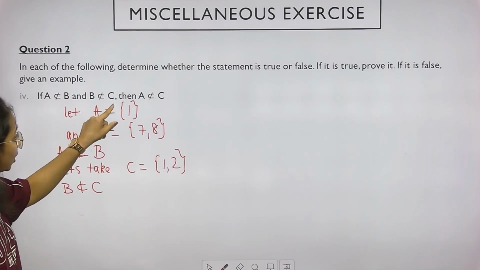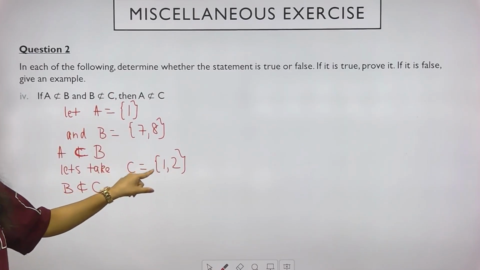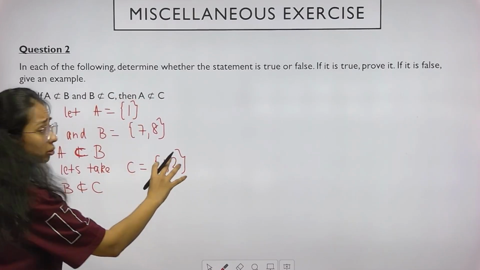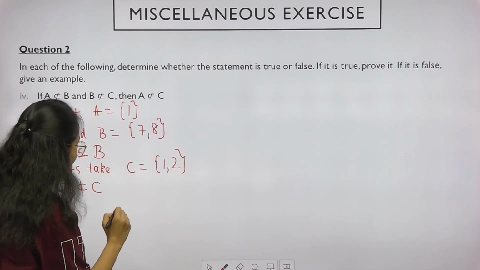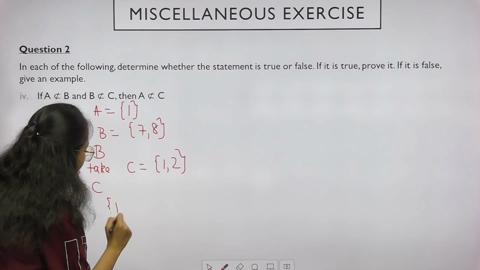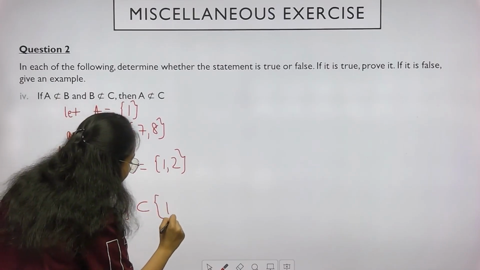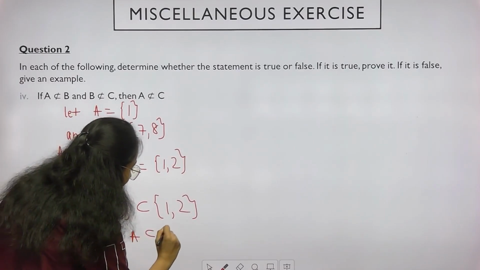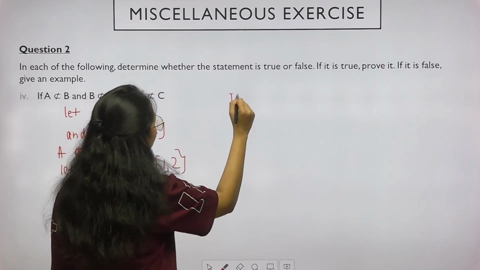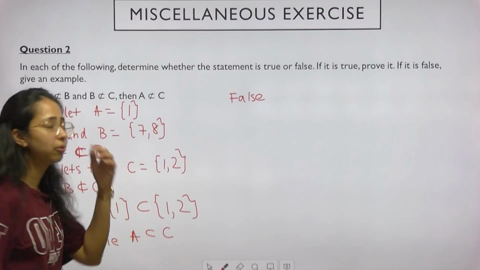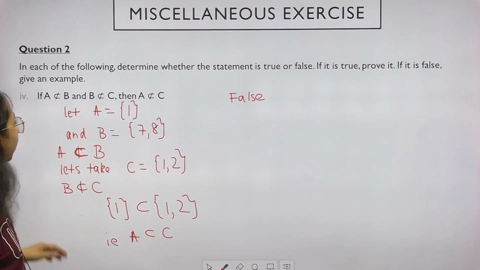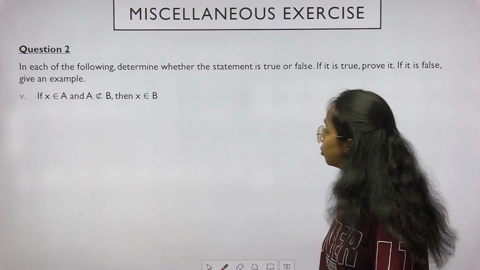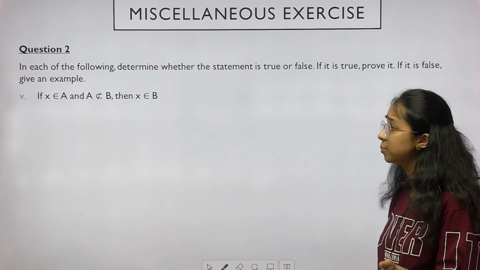But the elements of A are a part of elements of C. So this clearly means that {1} will be a subset of {1, 2}. That is, A is a subset of C. So this particular statement will obviously be false. Clear?